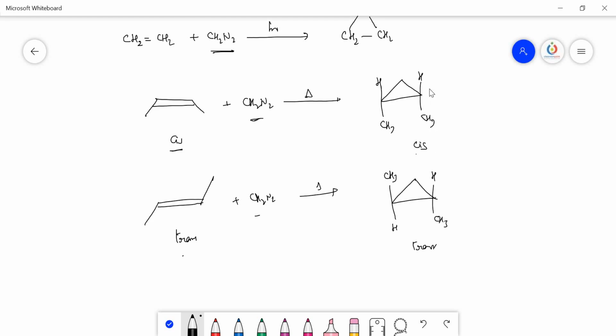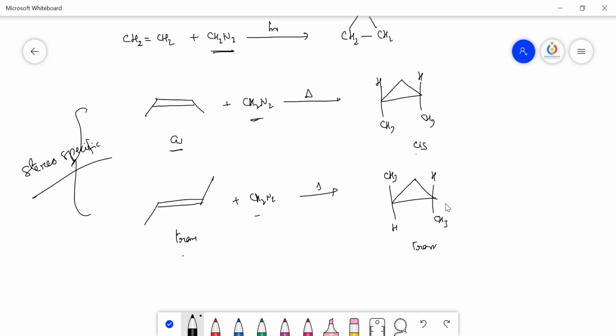These two are stereoisomers. So different geometrical isomers are giving different stereoisomers. Such type of reactions are called stereospecific reactions. So stereospecific reactions means the reactions in which two different isomers, geometrical isomers, are giving stereoisomers.